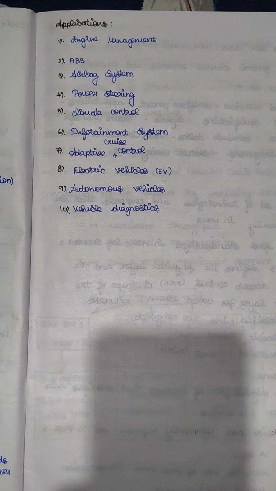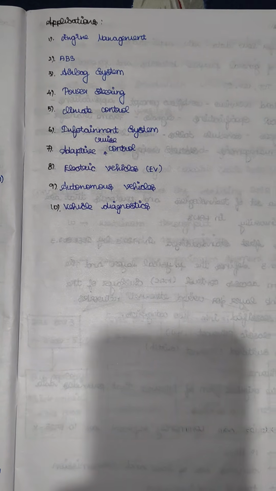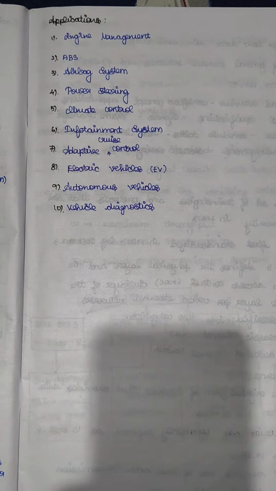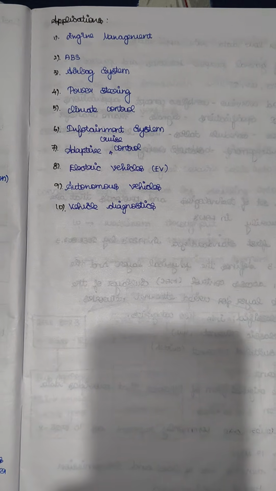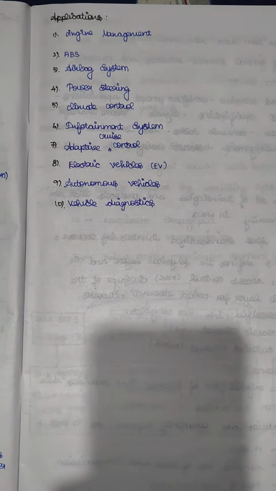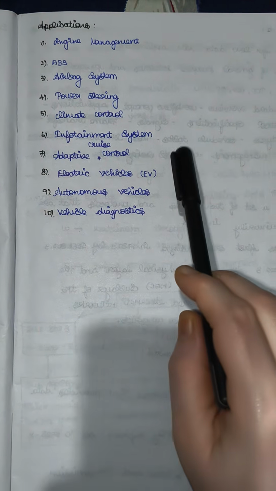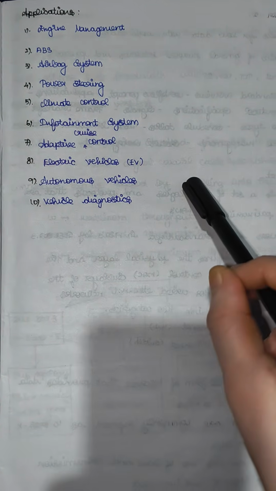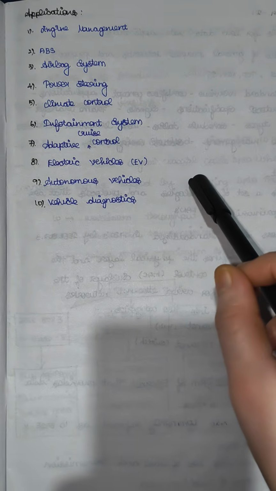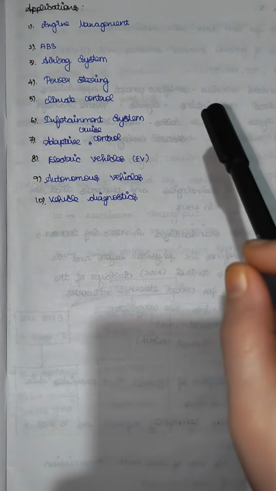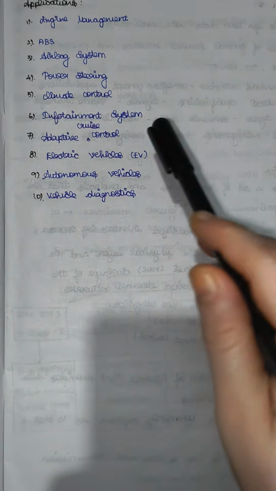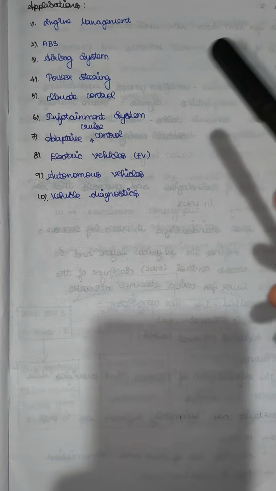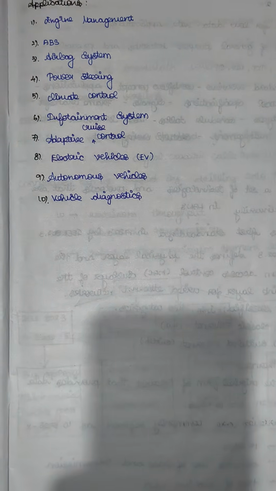Another most important application is adaptive cruise control. It uses information from sensors and control systems to maintain a suitable vehicle speed and distance. It is also used in electric vehicles, as modern electric vehicles contain several electronic control systems that need to communicate with each other. Another growing application is autonomous vehicles, that is, self-driving cars.